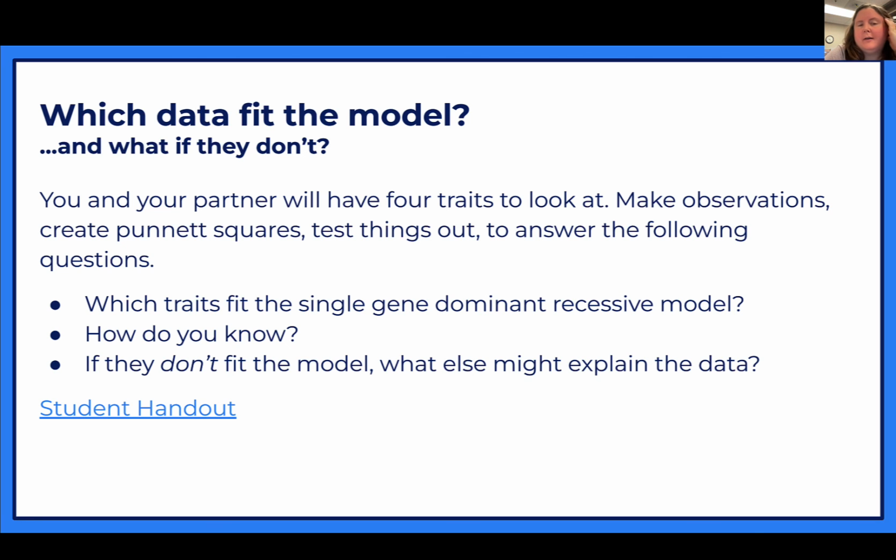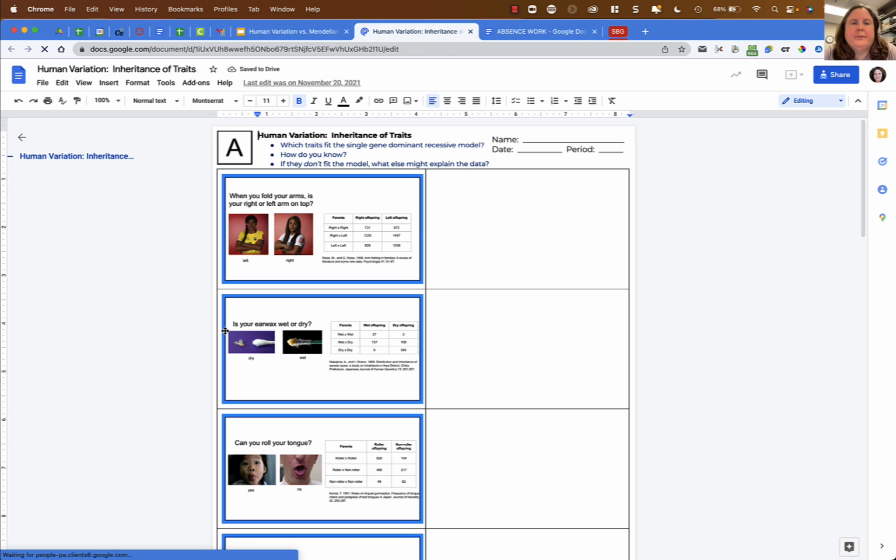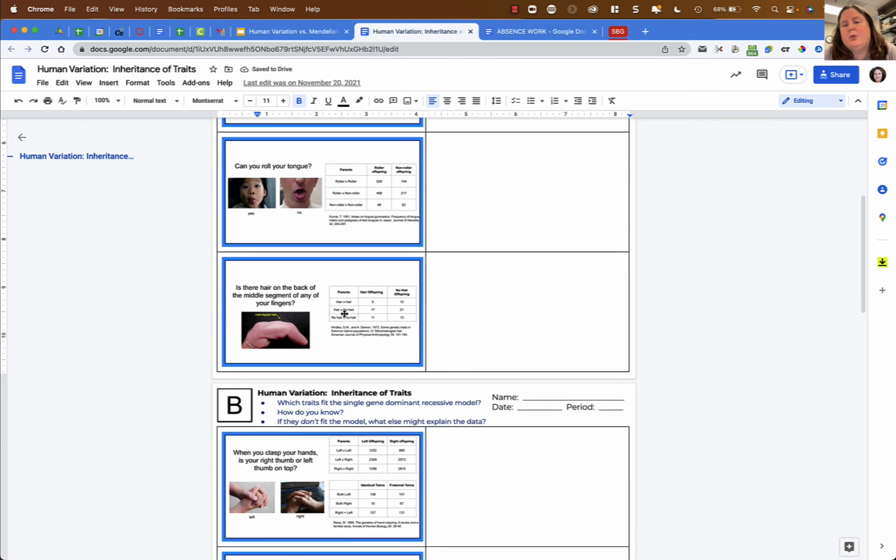What you're going to work on is 4 traits to look at on a handout. You're going to make observations, create Punnett squares, and test things out to answer the following questions. Which traits fit the single gene dominant recessive model? How do you know? And if they don't fit the model, what else might explain the data? You just need to do one of the 2 pages.